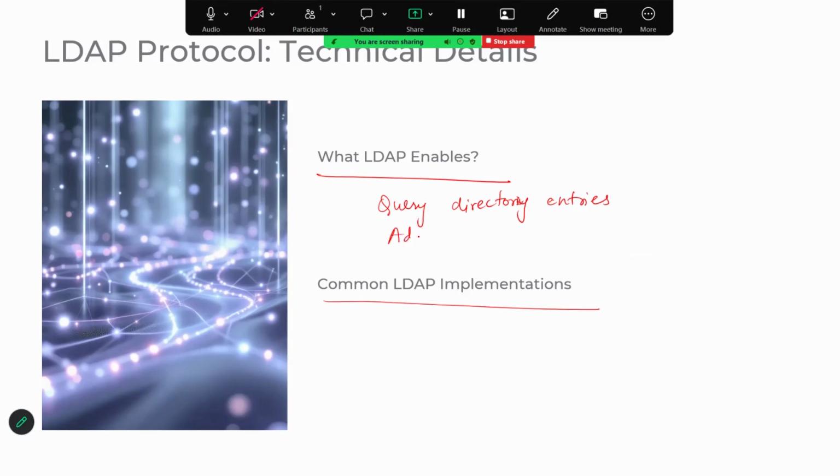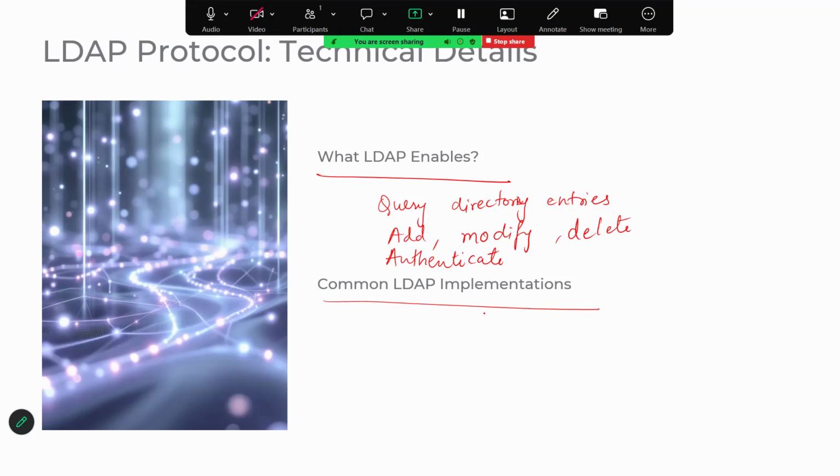It can add, modify, delete. It can perform these functions for directory records. It can authenticate users. That's an important part of its functions. Authenticate users against the directory services. It can search and browse the directory hierarchies. So that is what LDAP enables.